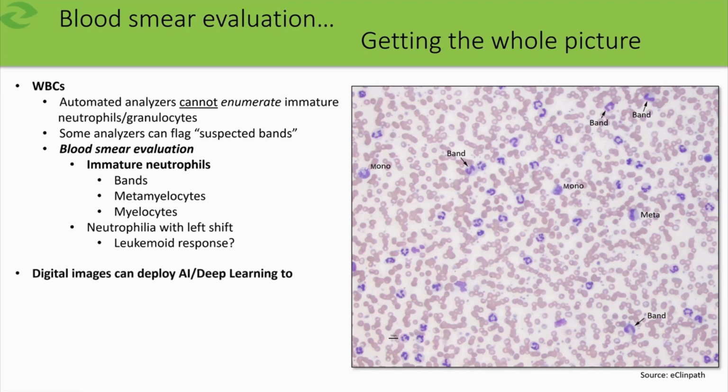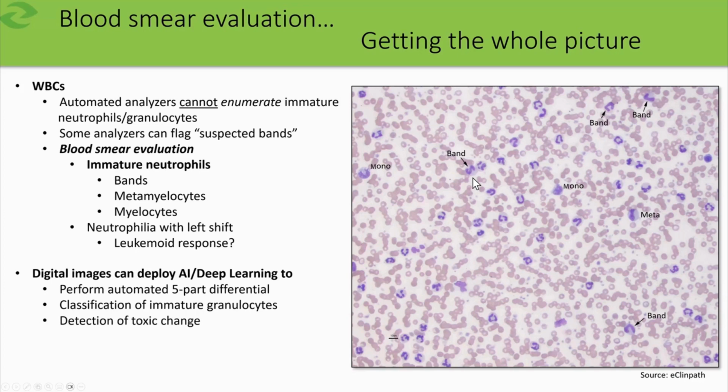With the advent of digital images and the use of AI or really deep learning, you can perform an automated 5-part differential much faster than any human can. And not only can you perform that 5-part differential, but you can classify these immature leukocytes and even enumerate them.